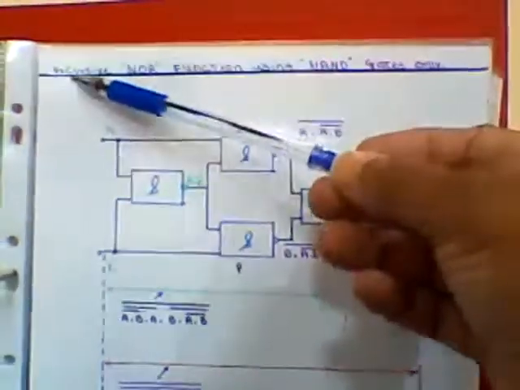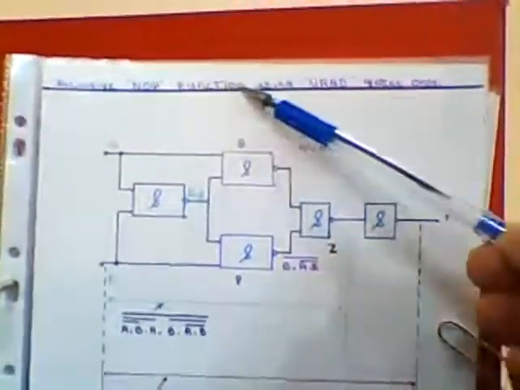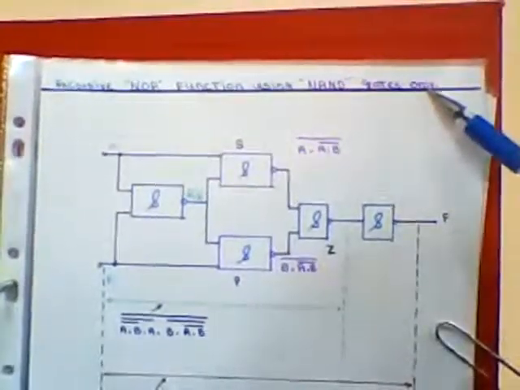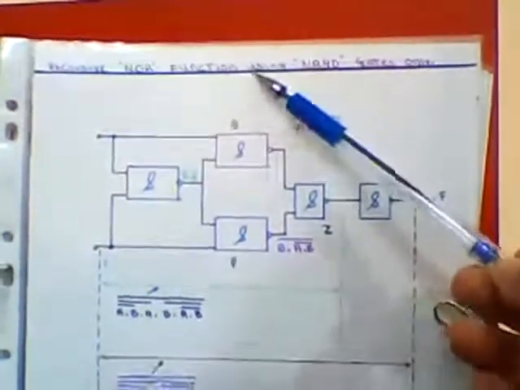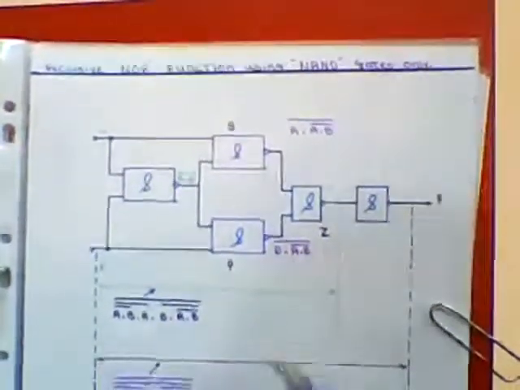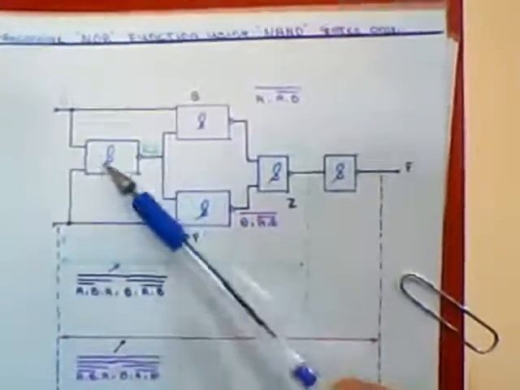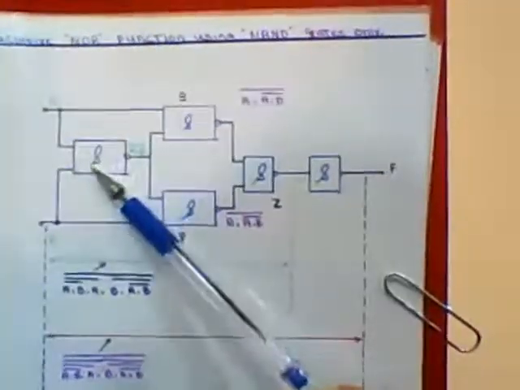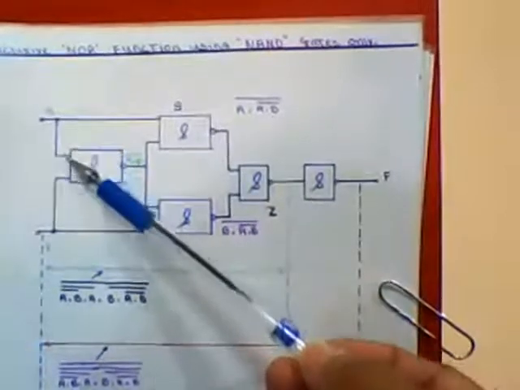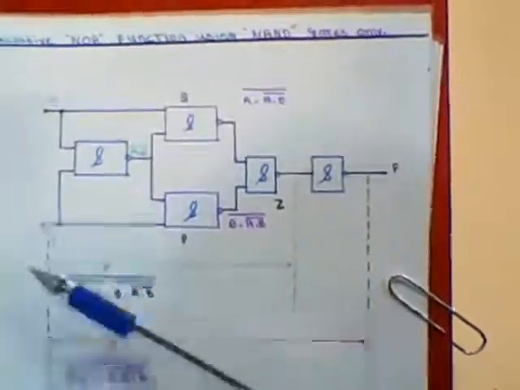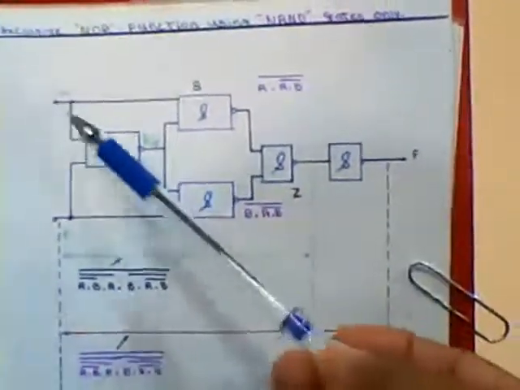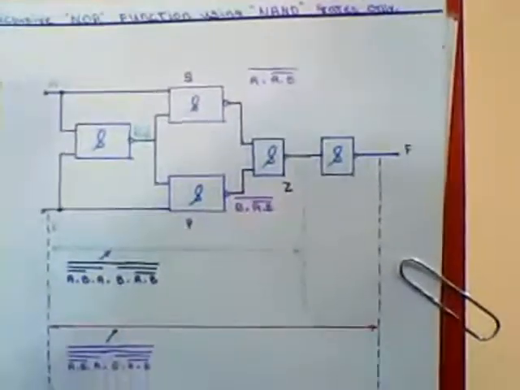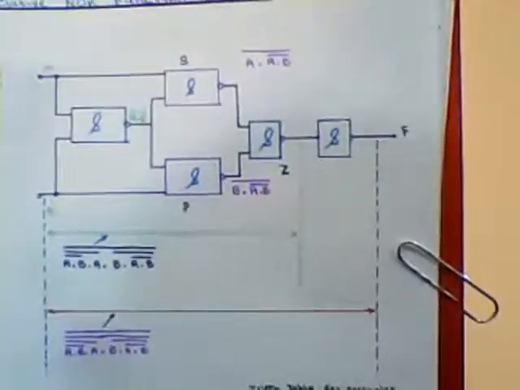Now what we're looking at here is the exclusive NOR function using NAND gates only. Okay, exclusive NOR function using NAND gates only. Now what I've done here is simply to show you that we have a NAND gate here. We have input A, input B. Now those inputs can come from anywhere, but normally you'll find that the voltage in regards to a logic gate is always above 2.4 volts and with a maximum of 5 volts.